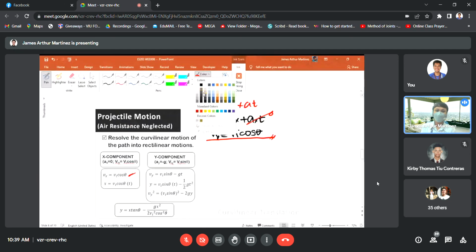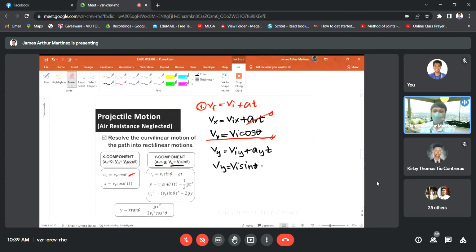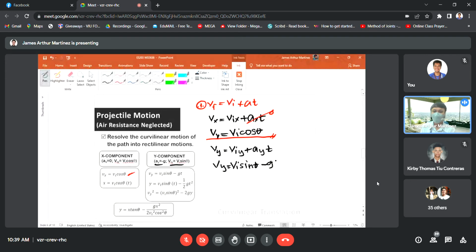For the y component, we have Vy is equal to Viy plus Ayt. So Vy is equal to Viy, di ba? We have this Vi sine theta plus Ay, di ba ang consideration on Ay is negative g. So, atong i-direct substitute. So, minus gt.